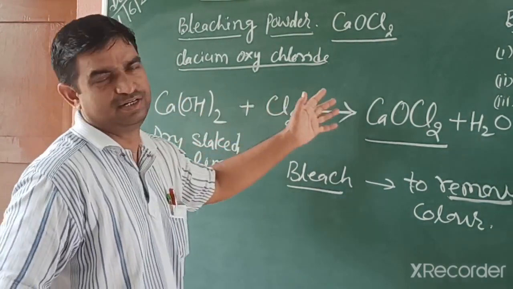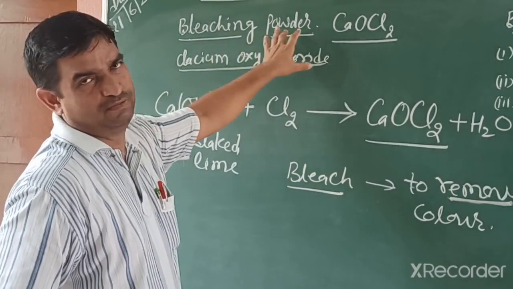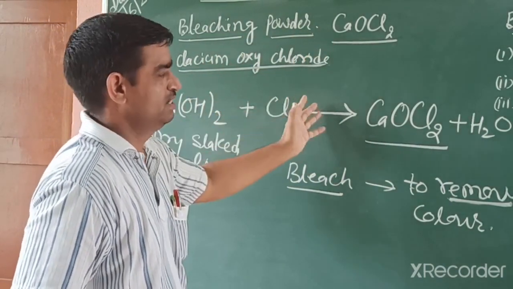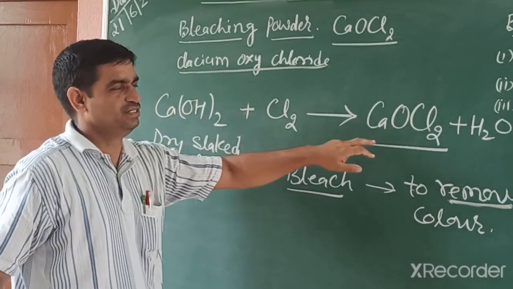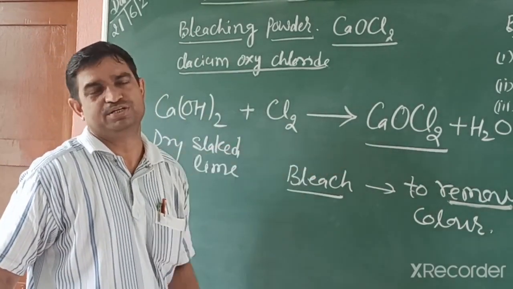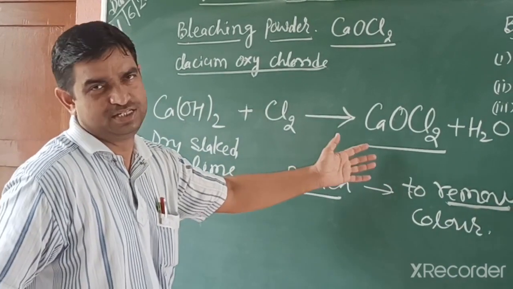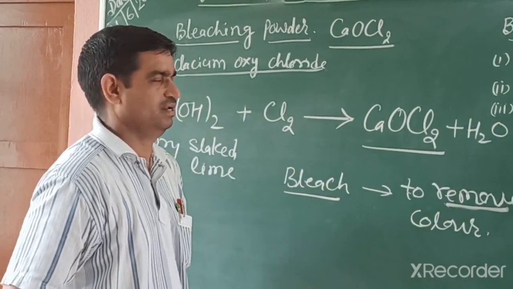They also use some bleaching powder in that detergent, and it removes the color, because this compound releases chlorine gas, and chlorine is a very strong gas. It oxidizes the compounds and changes the color.